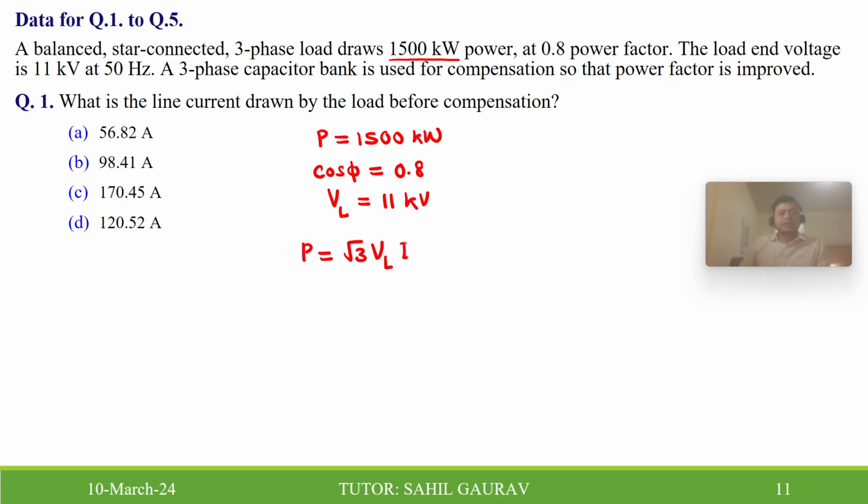P equals root 3 VL IL cos phi. VL is 11 kV into IL, cos phi 0.8.